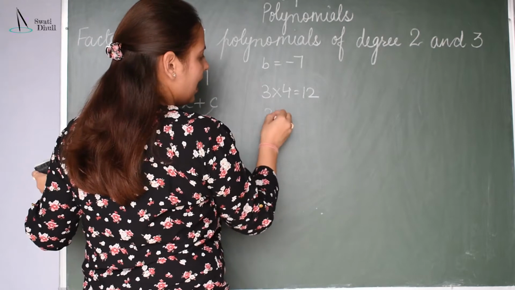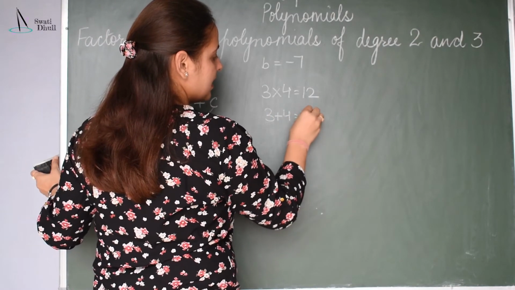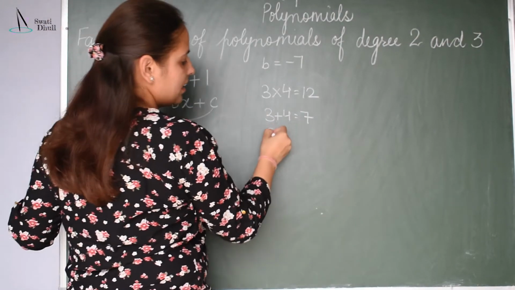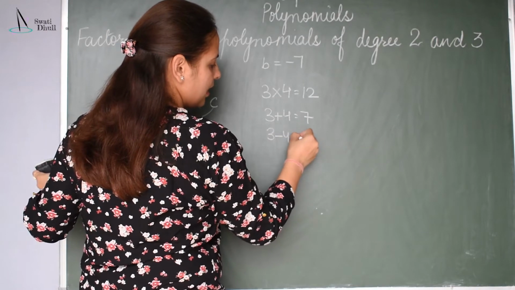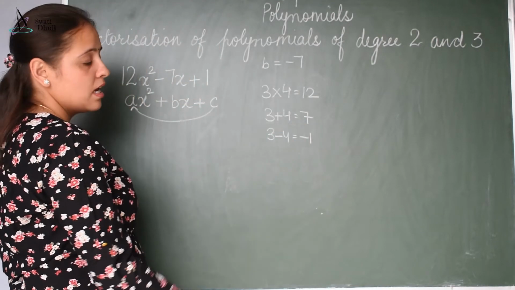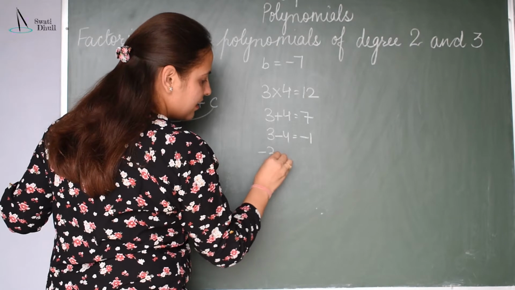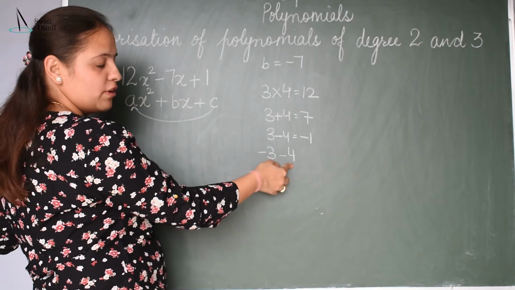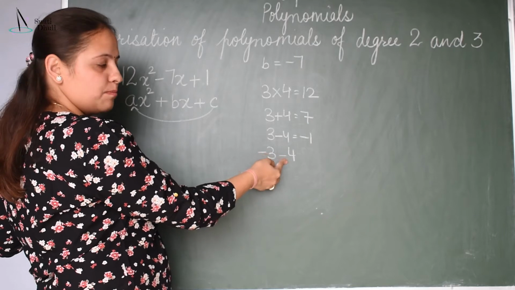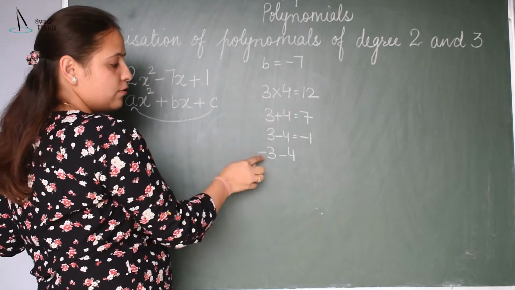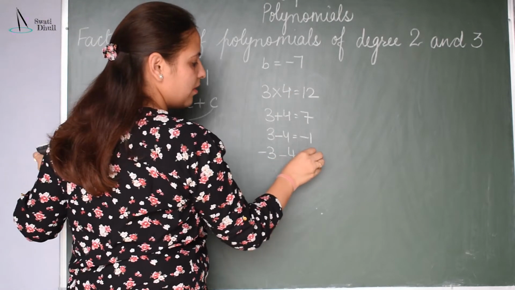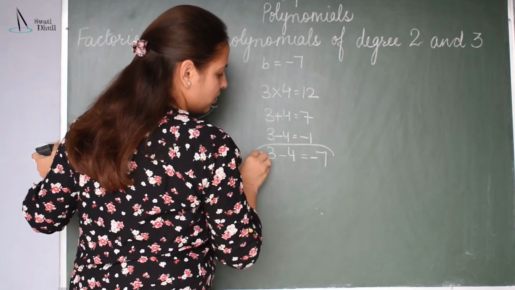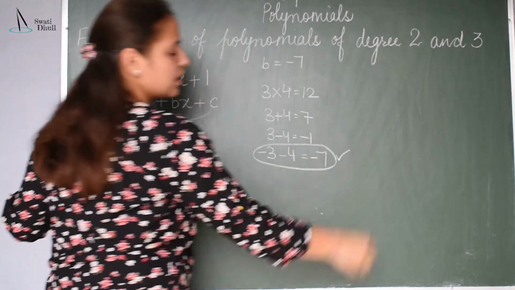But if I will add them, I am getting 7. If I will subtract them, I will get minus 1. But if I will take minus 3 and minus 4, because 3 into 4 is 12, minus minus is plus, then it will become 12. So minus 3 and minus 4, it will become minus 7. So this will be a factor.